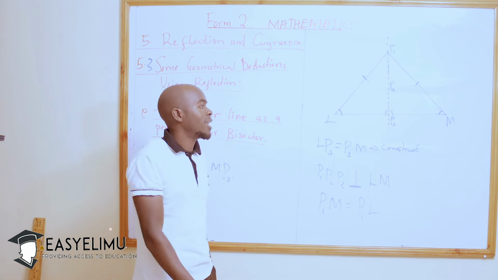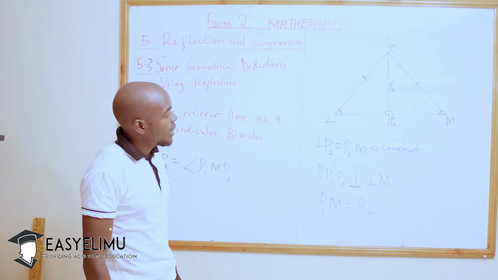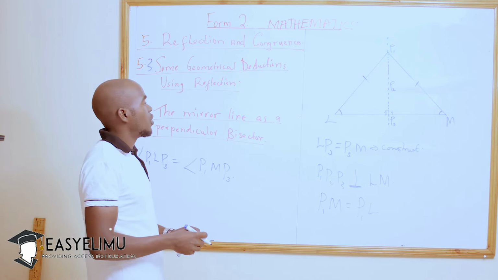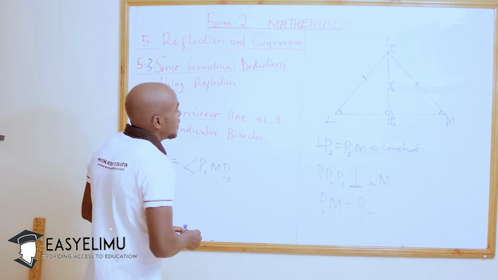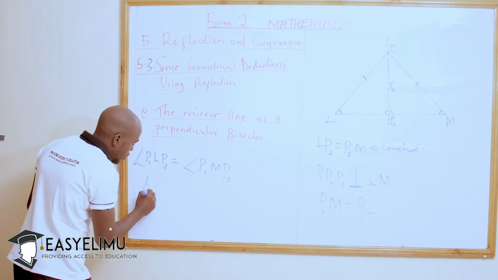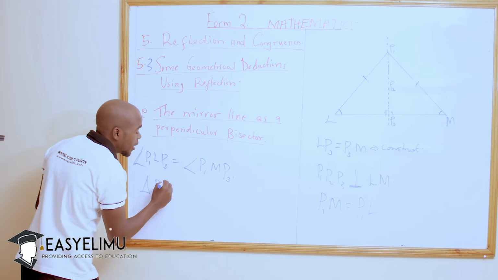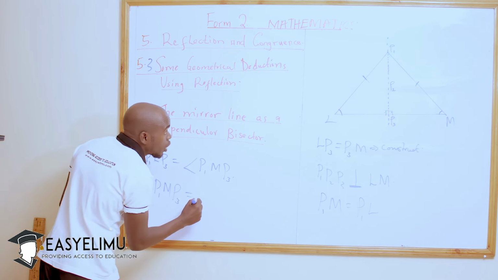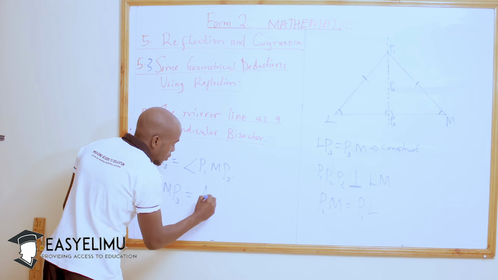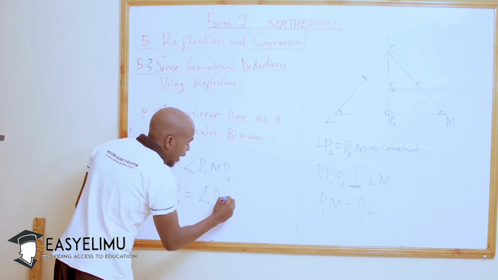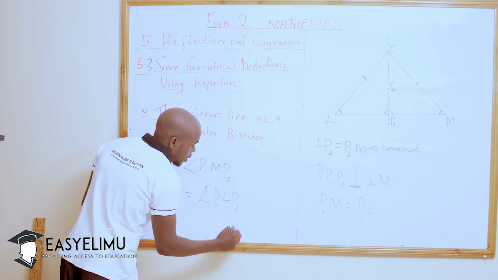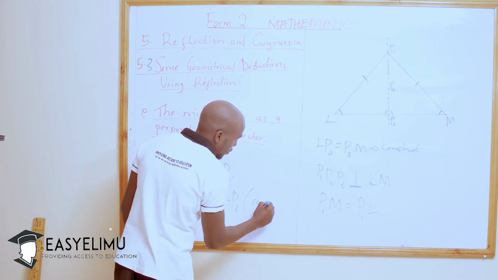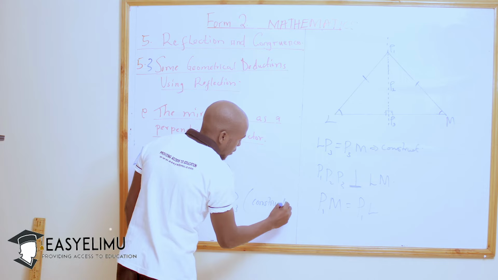So that one we can see there, and it really is after construction. So that implies that triangle P1MP3 is equal to triangle P1LP3, and that is also by construction.